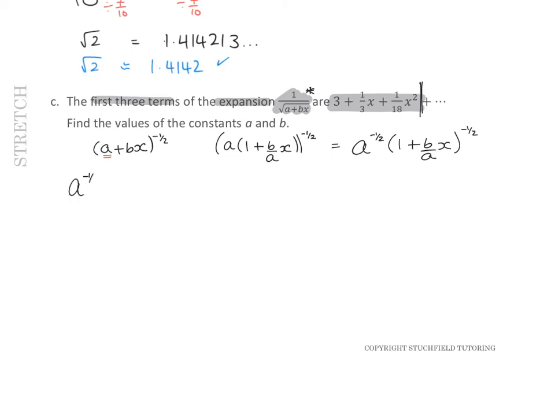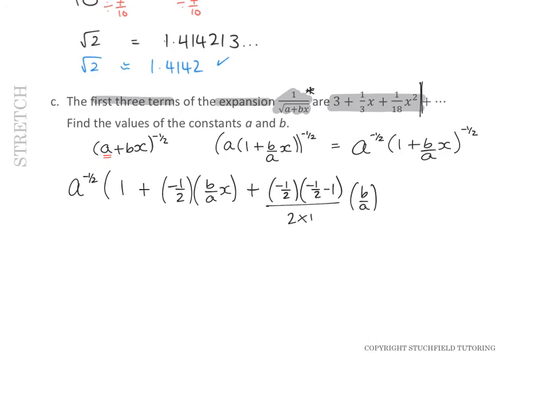So we have a to the minus half, 1 plus n x plus n minus 1 b over a x squared. So a to the minus half, 1.